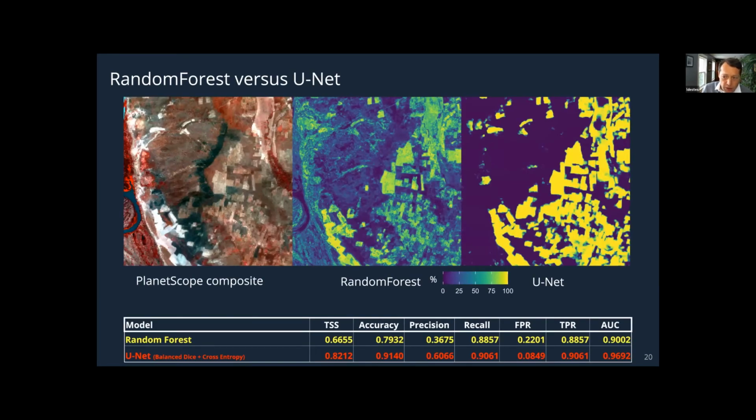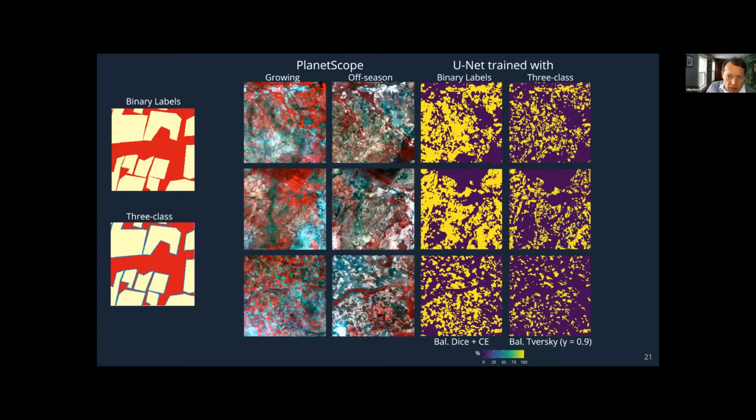A simple and early comparison of what we get with random forest versus a UNet shows that it's quite a dramatic improvement. We have a 12 percentage point increase in the accuracy. And you can see from the UNet predictions, they're much sharper and crisper than what you get with the random forest, and far less commission error. So that's really helping us a lot to improve things. And so we're busy in the process. We're still testing a lot of these new architectures.